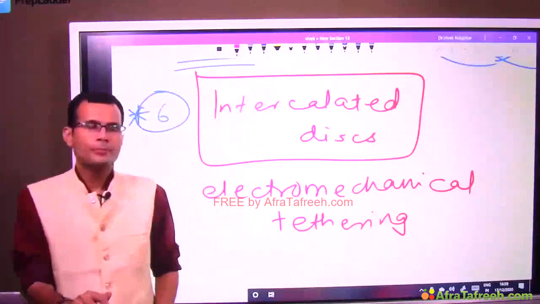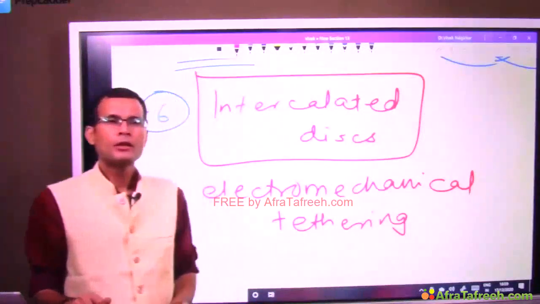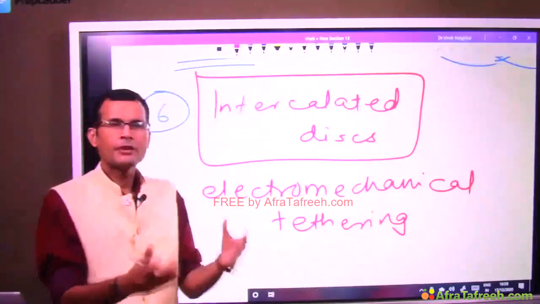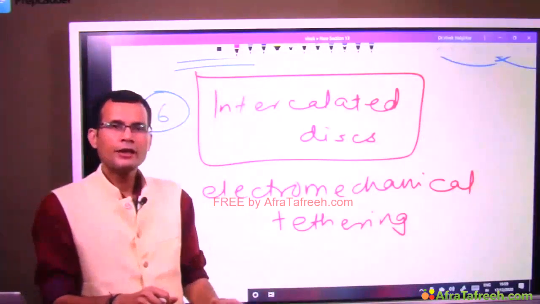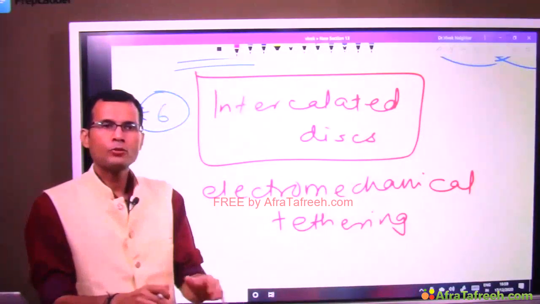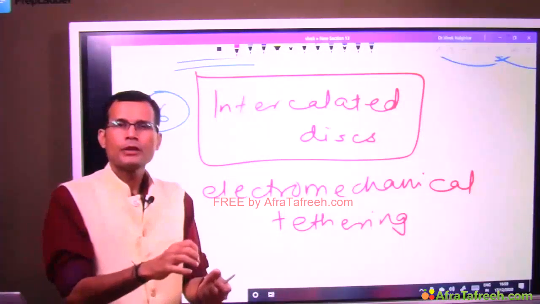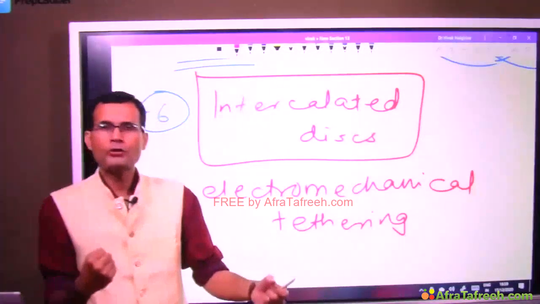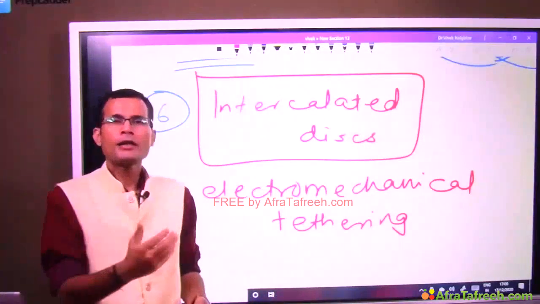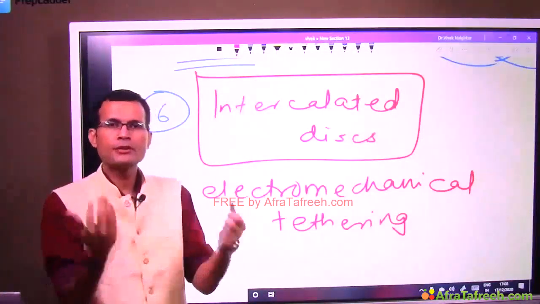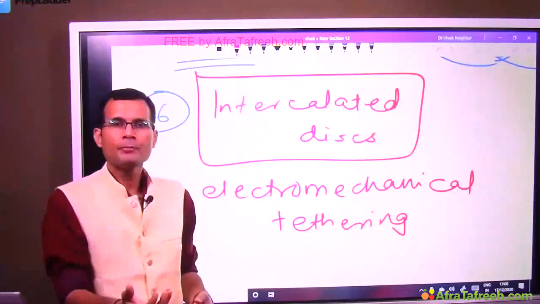Why is it needed? It's very simple. Look at the skeletal muscle. I'm just giving a comparative example. Skeletal muscle has a tendon, and the tendon is inserted into a bone. So it gives a good gripping effect, and the muscle can contract. Whereas the heart is made up of just muscle cells surrounding a cavity.